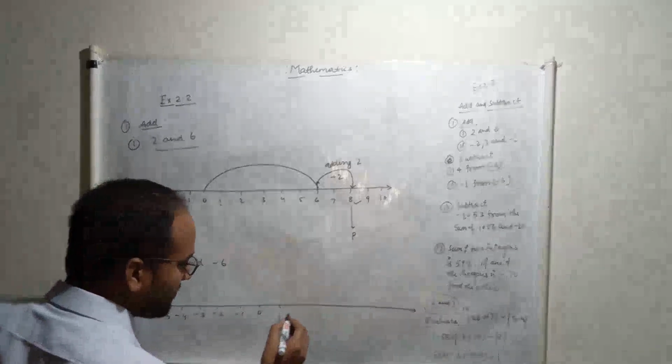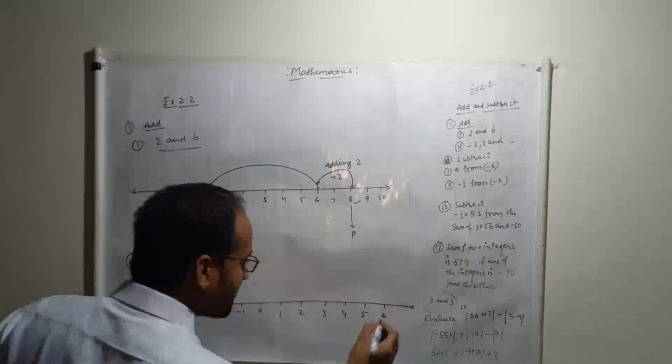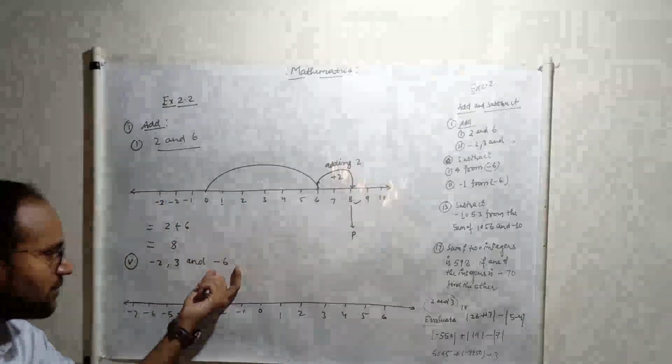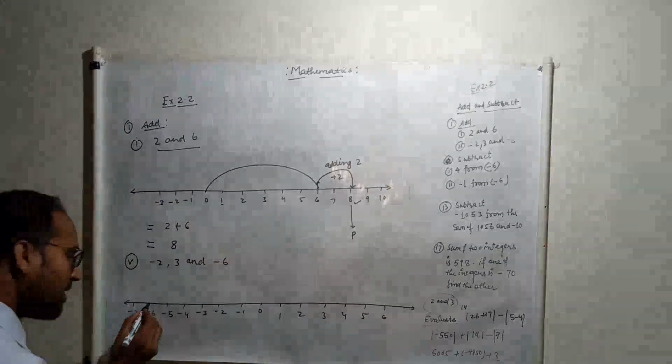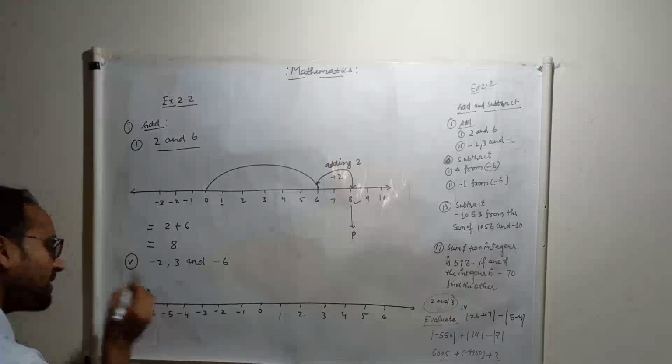Here is 1, 2, 3, 4, 5 and 6. I have represented these integers on a number line. So first I take -6. This is our starting point.